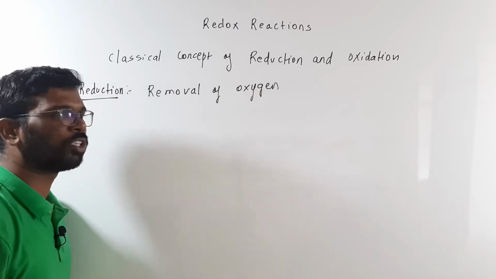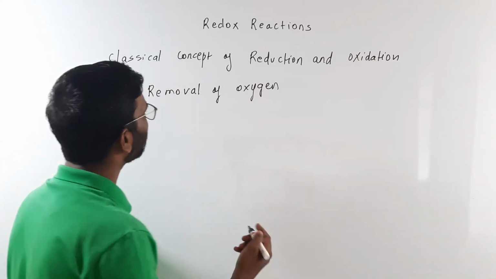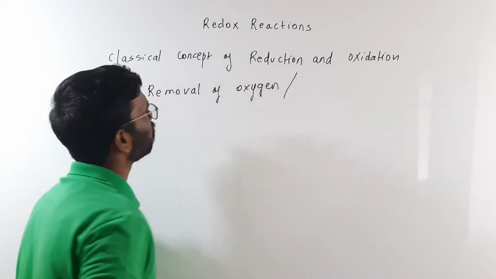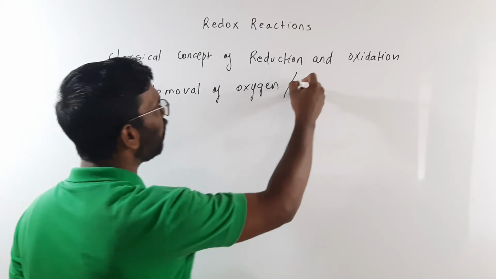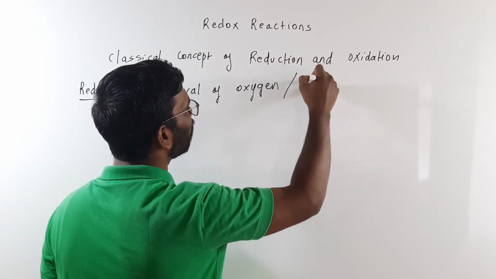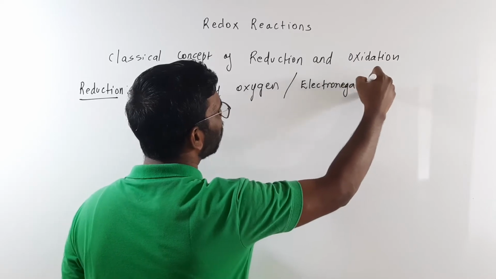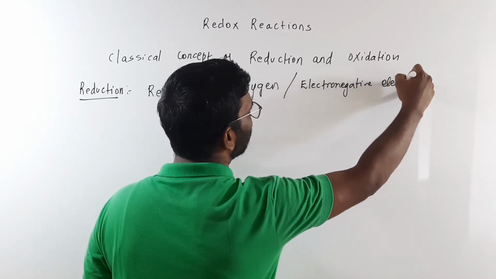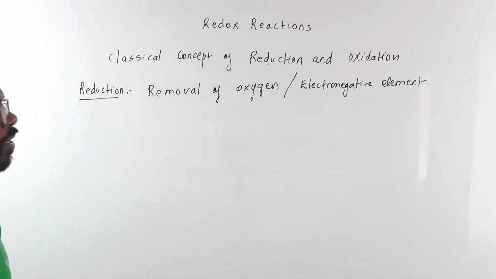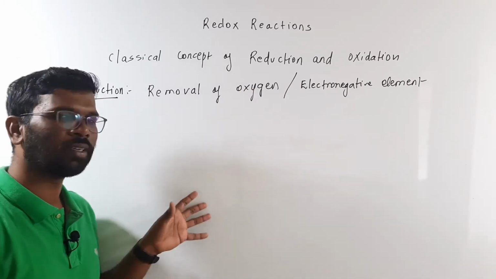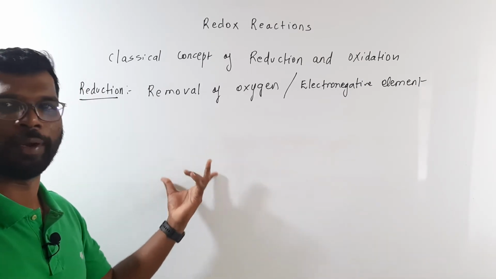If you remove oxygen from a particular molecule, we will call that a reduction. Removal of oxygen or an electronegative element. If you remove oxygen or an electronegative element from that particular compound, we will call that a reduction of one of the elements from that compound.